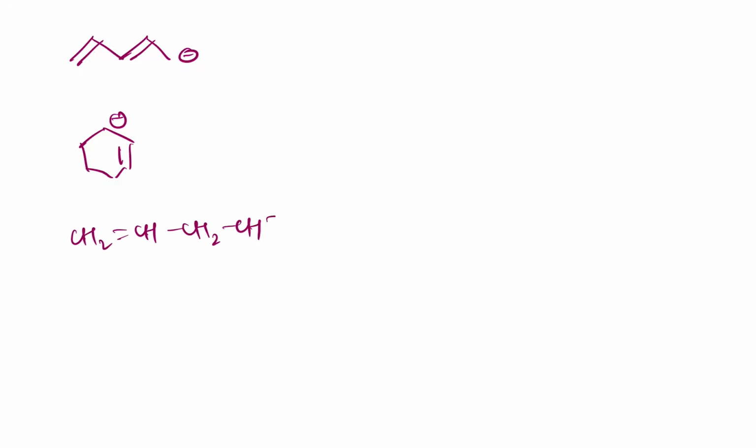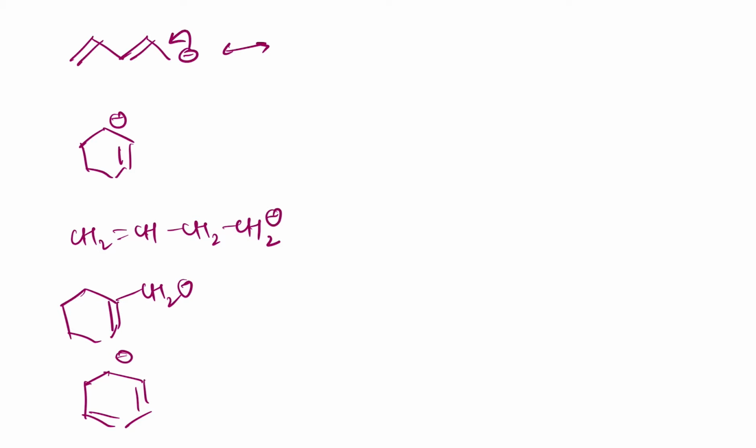There are a lot of cases, like we have seen in the example. If I write for you, write the resonating structure of this, write the resonating structure of CH2 CH CH2 negative, CH2 negative. So you have to write all the resonating structures.